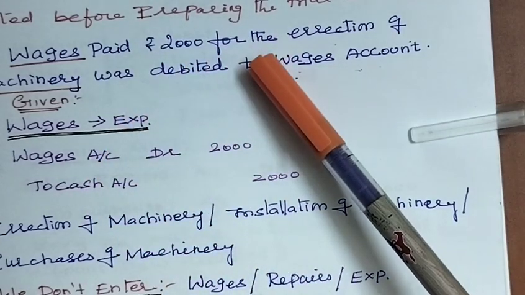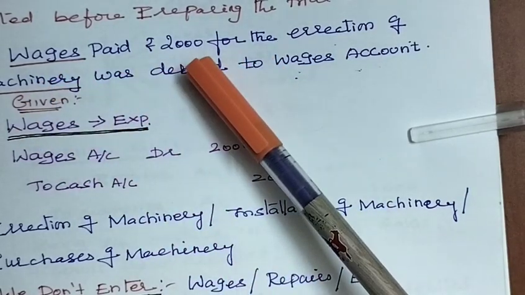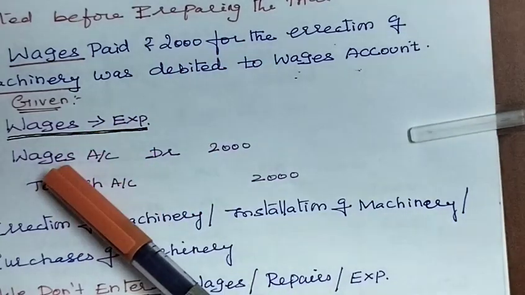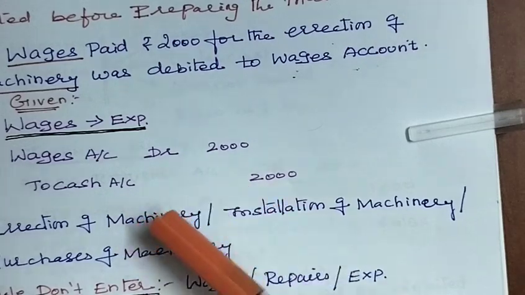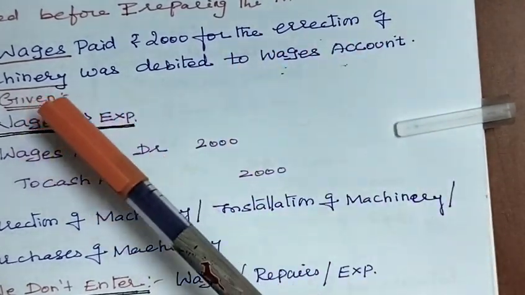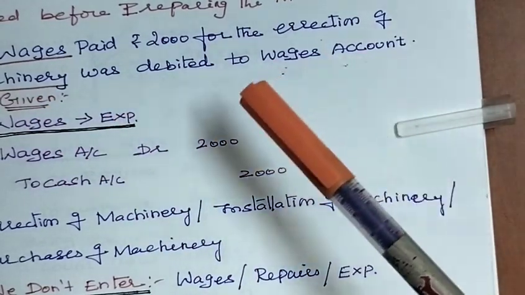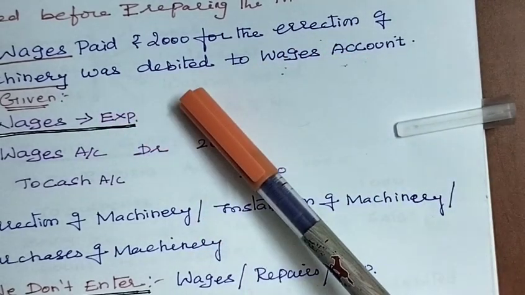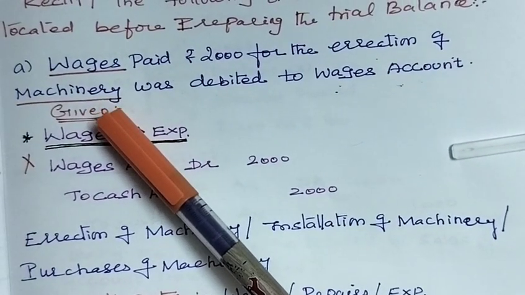Listen to the transaction carefully. Wages paid 2000 rupees. For that the journal entry is wages account debit to cash account 2000 rupees. Now listen: the erection of machinery was debited to wages account. What does it tell us?